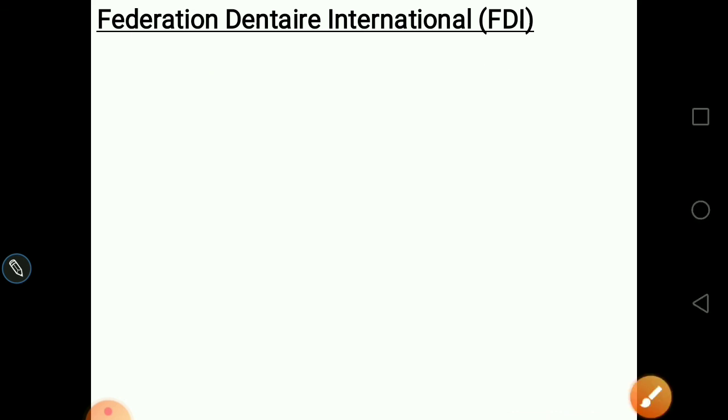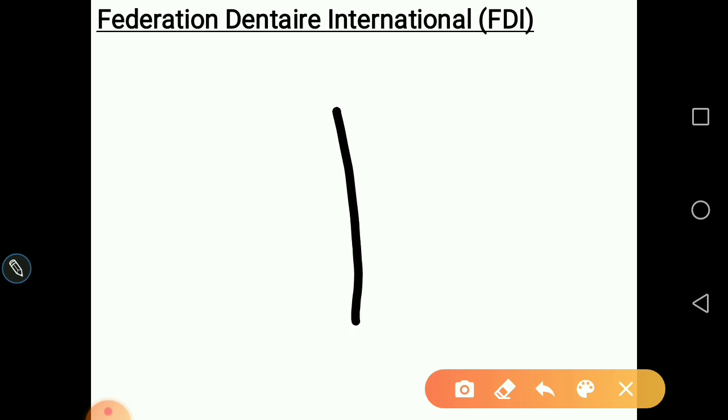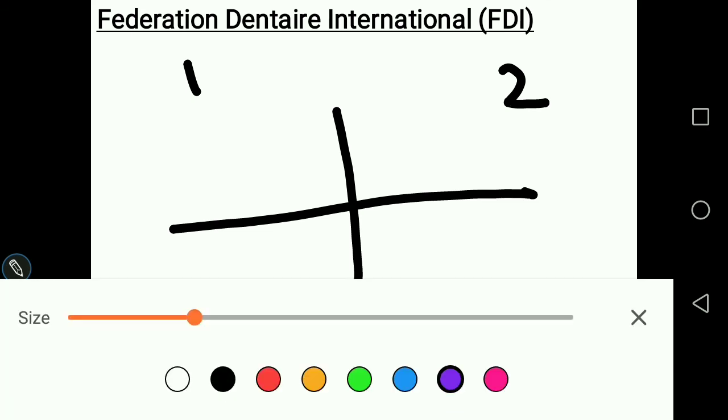Now in case of permanent dentition, we have 1, 2, 3 and 4.